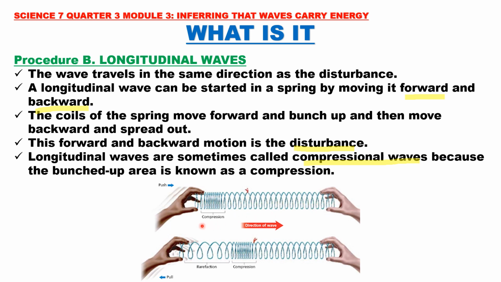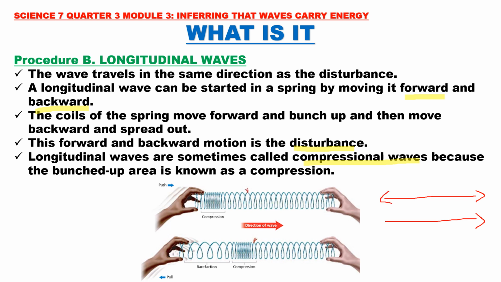Tapos yung direction ng wave natin ay away from the source. So, ang nangyari, vibration ng particles and direction of the wave are parallel to each other. Okay, parallel sila. So, ibig sabihin sa parallel, yung direction ng wave niya papunta dito, tapos yung kanya namang particles ng medium, ang vibration niya ay back and forth. Kaya parallel sila to each other.